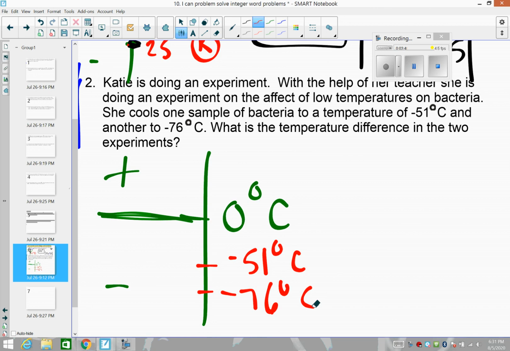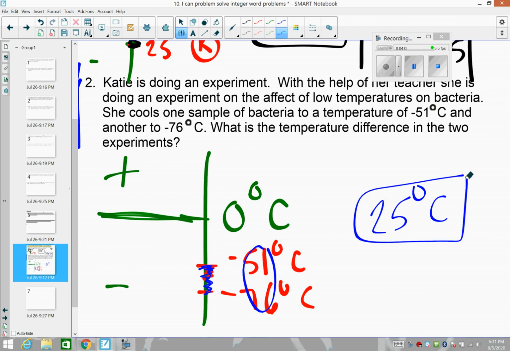So what we really want to know is just what's the difference between these two numbers, the difference in temperature. The picture just says how many units between 51 and 76. We would say that it's a difference of 25 degrees. We wouldn't say negative 25. We'd say it's a difference of 25 degrees.